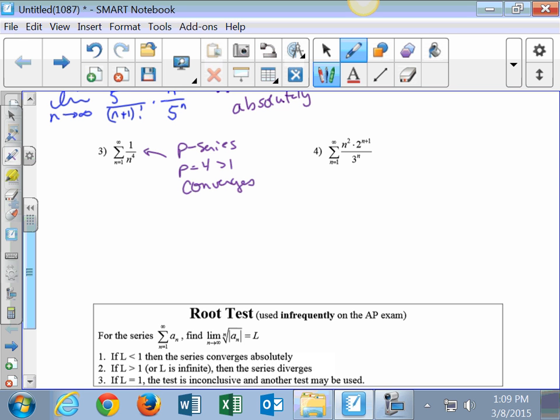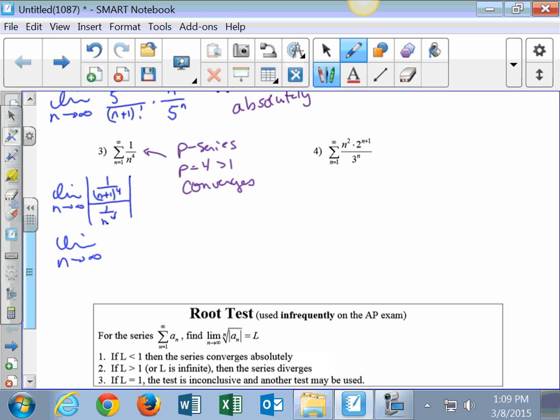Now I just want to show you that if I did say I was in ratio mode and wanted to do the ratio, the limit as n goes to infinity of 1 over n plus 1 to the fourth, all over 1 over n to the fourth. What I would get there would be the limit as n goes to infinity, and that would be absolute value around that, by the way.